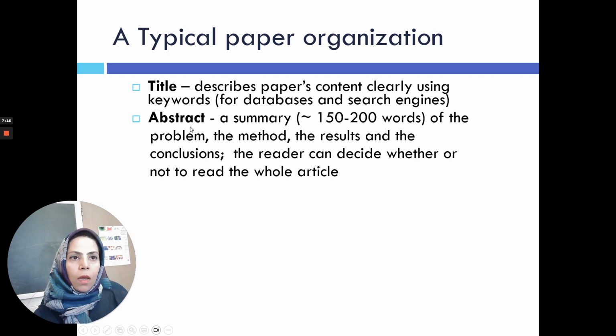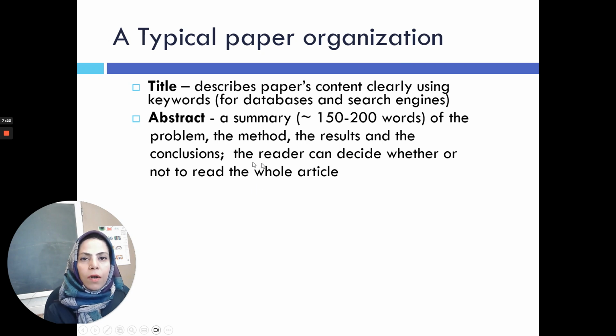So in carrying out a literature review, abstracts are a very good starting point to understand whether this particular research paper is relevant to you or not, because it is like fitting an ocean into a jug: it gives you a short summary of what is to come in detail in the whole paper.